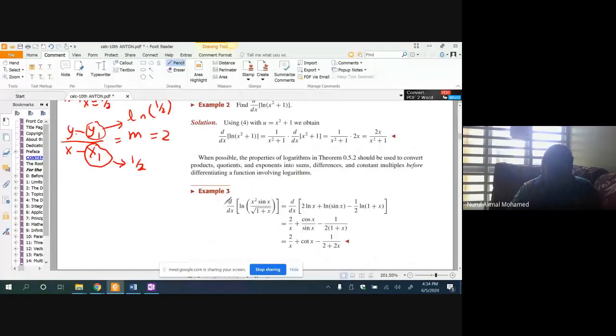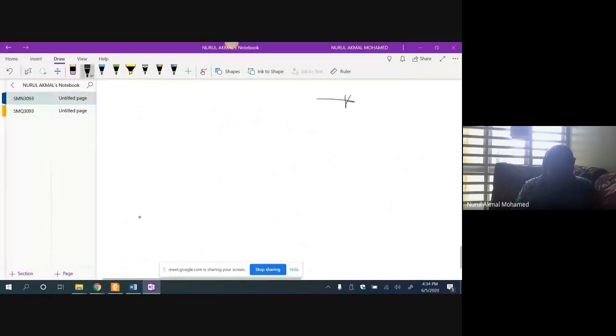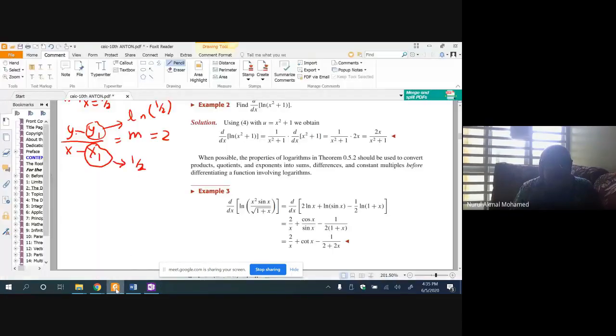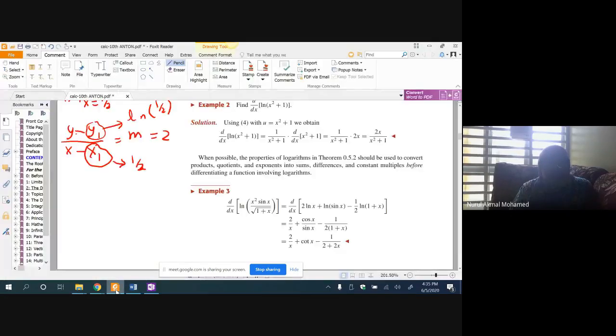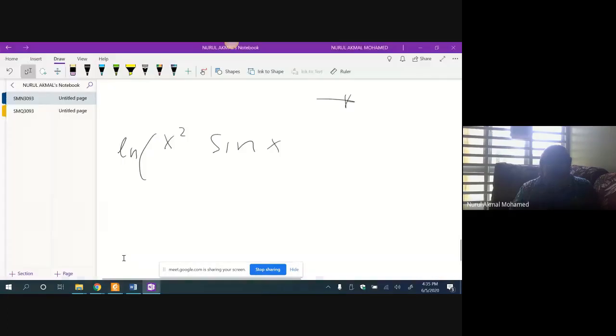So if we look at the properties of the logarithmic function, let's say you have y equal to ln of x squared sine x, sorry, not plus, multiply, divided by the square root of 1 plus x.